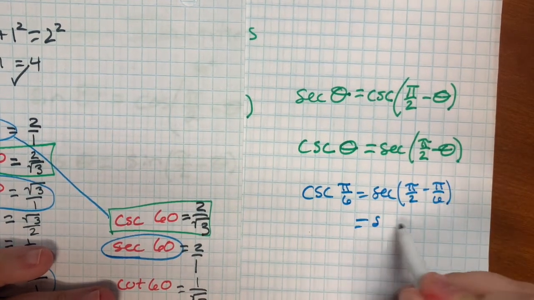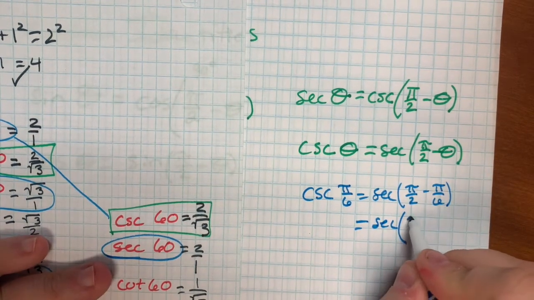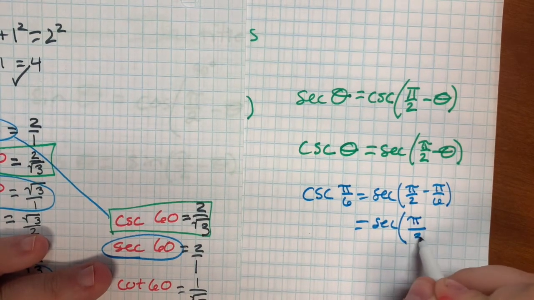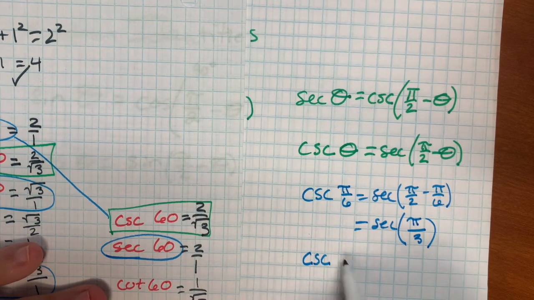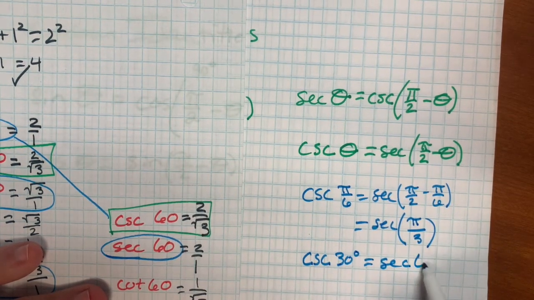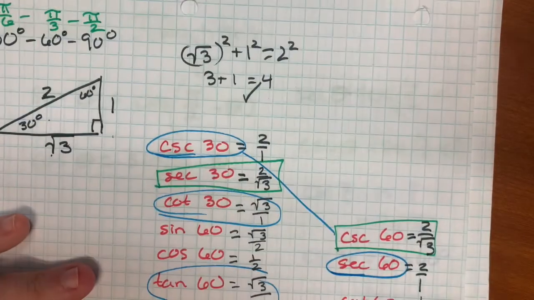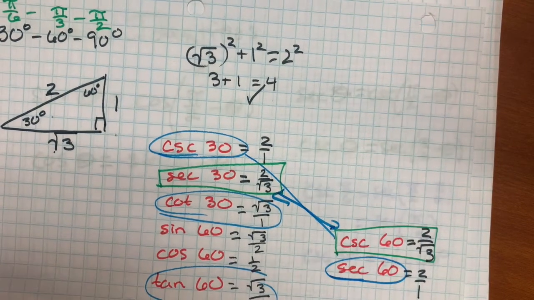Well, pi over 2 minus pi over 6 is pi over 3. So that tells us that cosecant of 30 equals secant of 60, which is precisely the equality that I pointed out here.